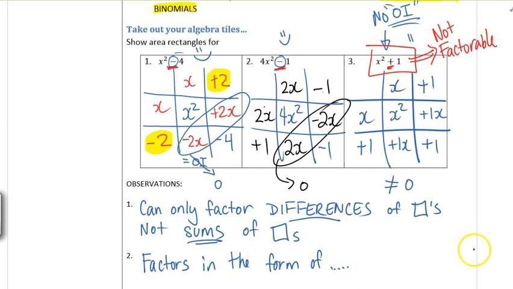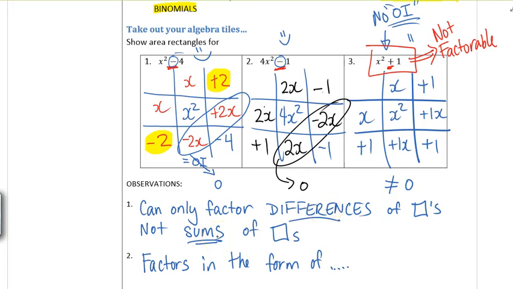Okay, it's very possible that you observed something else, but because this is a video, this is the downside of videos. So I'm not going to say that what you have is wrong because I don't know what you put down, but this is just what I put down. And if you want to check with me later, please, I would love to talk to you during class time. So what I noticed is that we can only factor if we have differences of squares, not sums of squares.